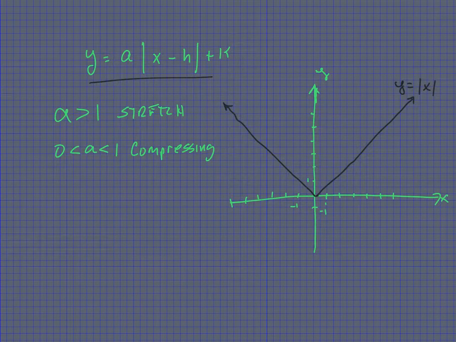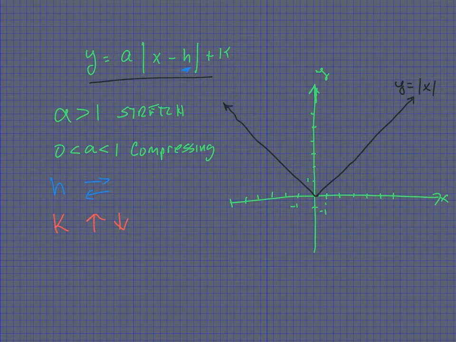And of course, my h value is going to go left or right; that's my horizontal transformation, and it's going to be opposite of the sign. And then we talked about our k, and our k is going to move my function up or down.